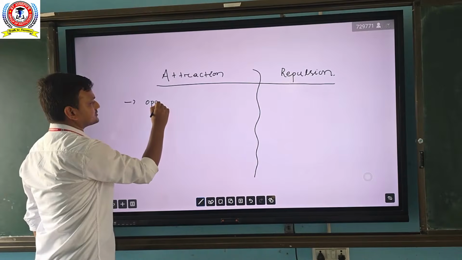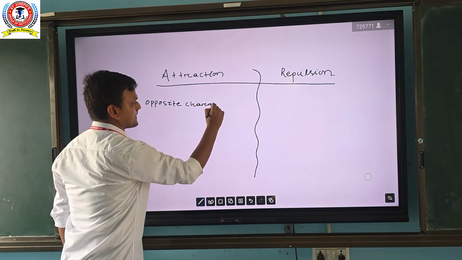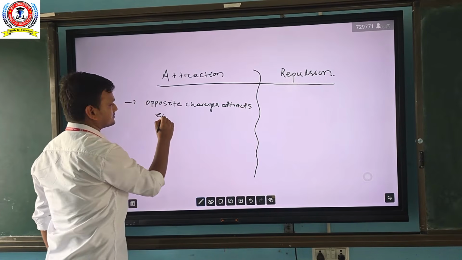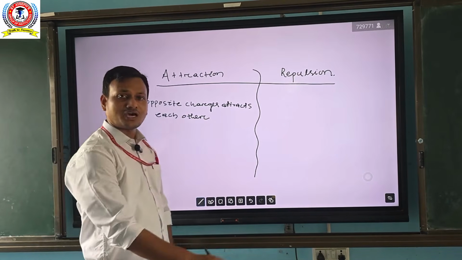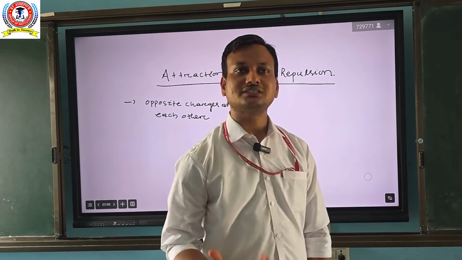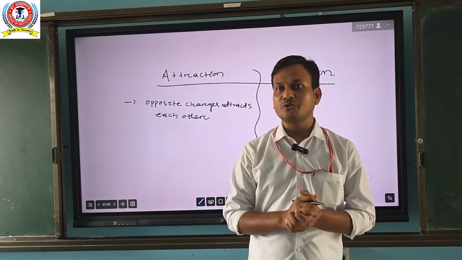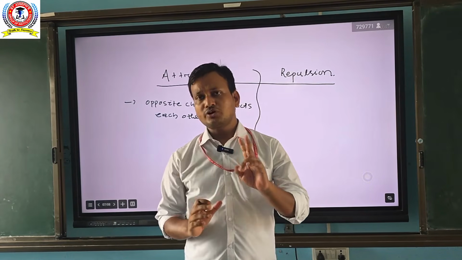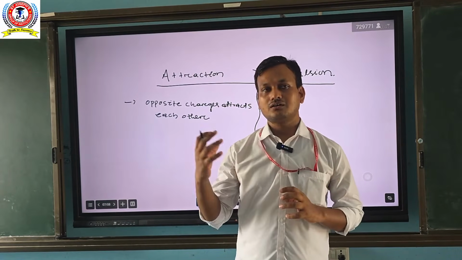Now I write the same point. Opposite charges attract each other. When I say opposite charges, that means positive-negative or negative-positive, and we know that there are only two types of charge: one is positive charge, another is negative charge, and neutral.